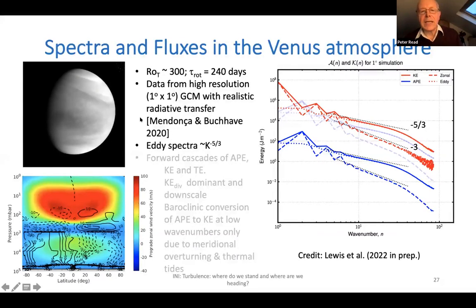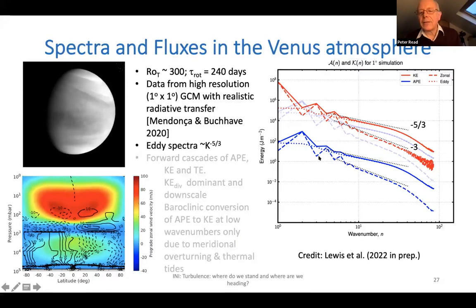So we are here using a high resolution numerical model built with the same components as for the Earth and for Mars, but with realistic radiative forcing and so on, at a spatial resolution of 1 degree or so.